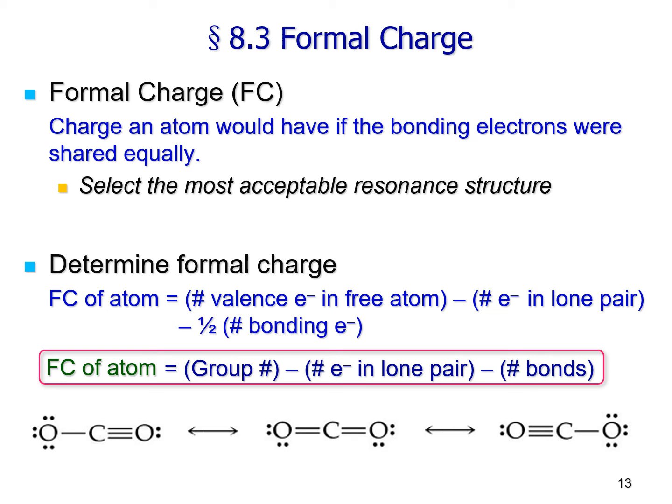Half of these, two. Two is what? Double. And of course, we can argue the same for a triple bond. This way, instead of subtracting half the number of bonding electrons, we can simply subtract the number of bonds. If that's single, minus 1, double, minus 2, triple, minus 3.